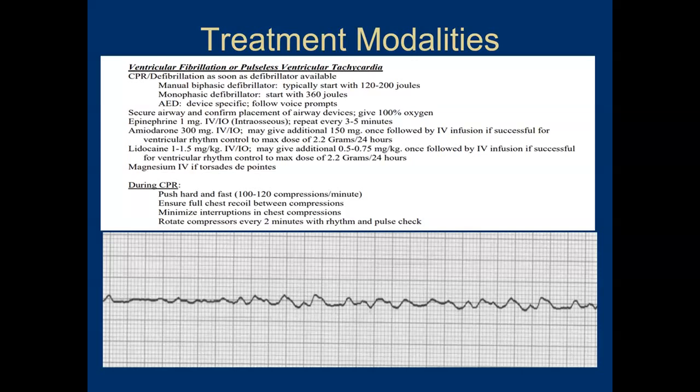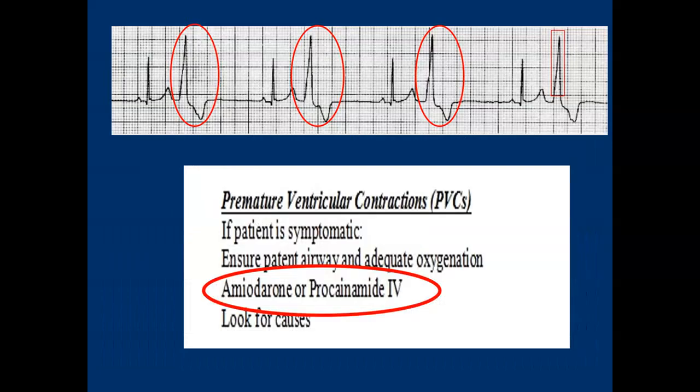And then there's the last scenario that was presented, and that's the patient with V-tach that's pulseless. So again, it's very important to take the time to read the scenario in the exam question so you know which pathway or which treatment recipe to use.